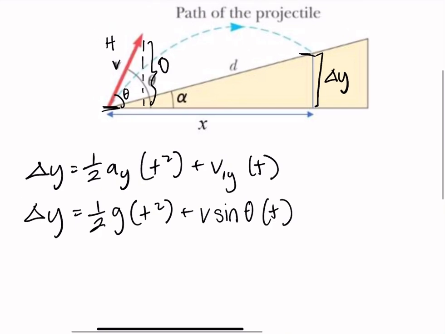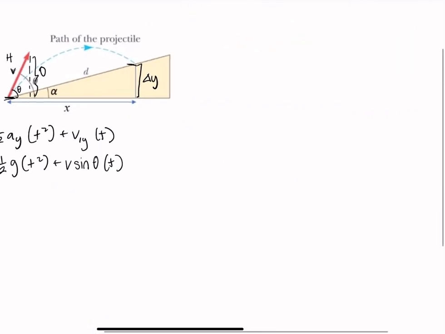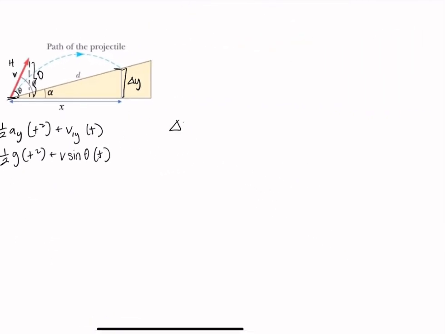Since we're also going to be solving for this x value, it is important that we note that delta x will be equal to 1/2 of a in the x direction times t squared plus v_ix t. Again, we know that without a motor in the x direction, the acceleration is always equal to 0. So we can just cancel this whole first term out.